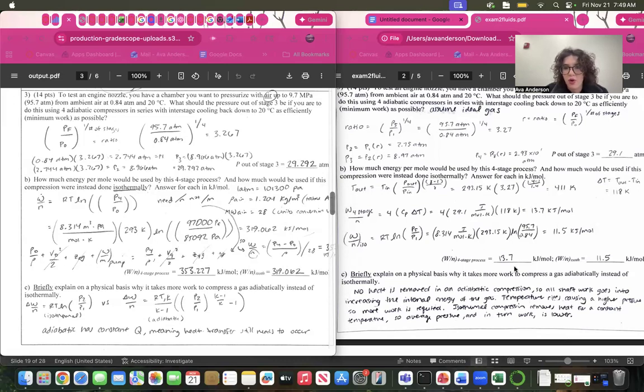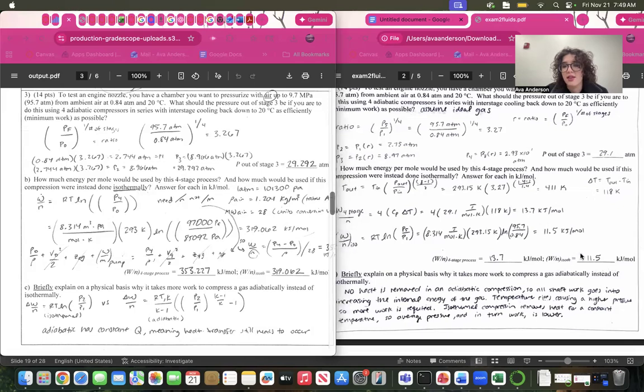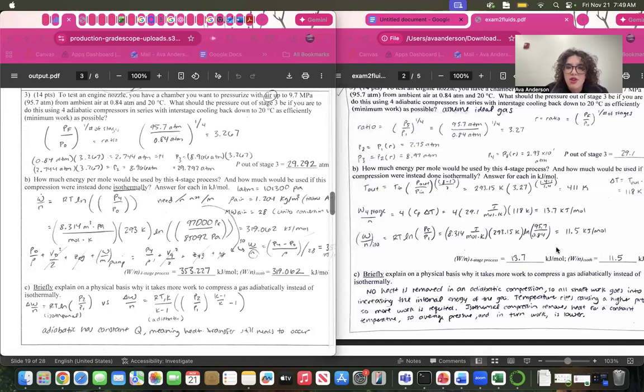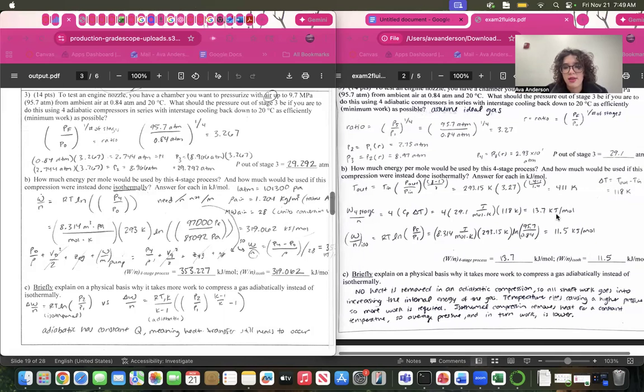And then there's two different work that we're solving for. We're solving for the four-stage process, and then we're solving for the specifically isothermal one. But for just the four stages, you're multiplying 4 because there's 4 stages times Cp times the change in T that I calculated over there, and that's 13.7 kilojoules per mole.